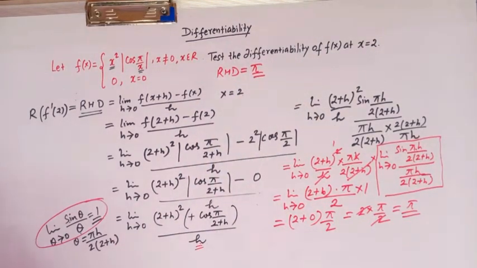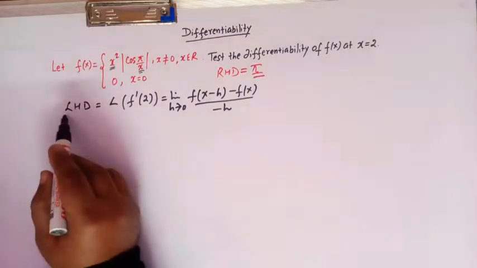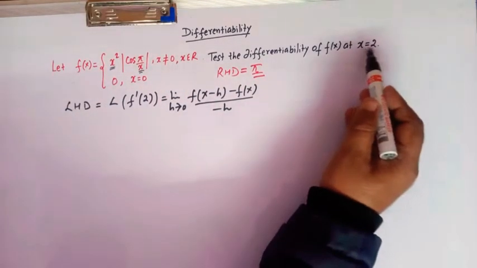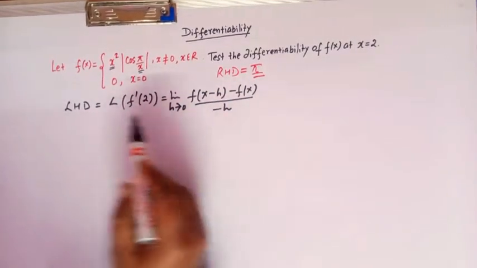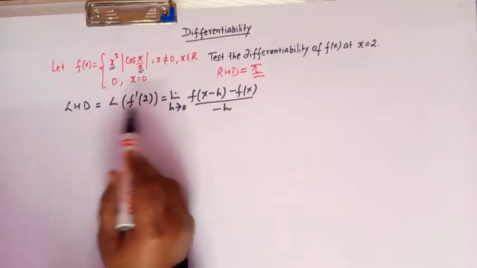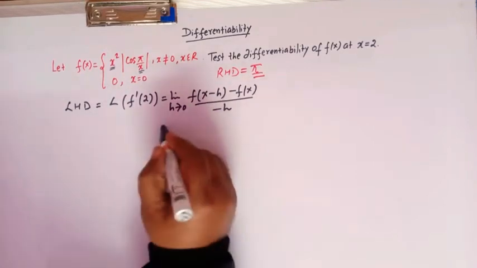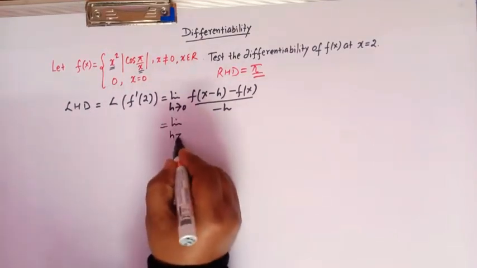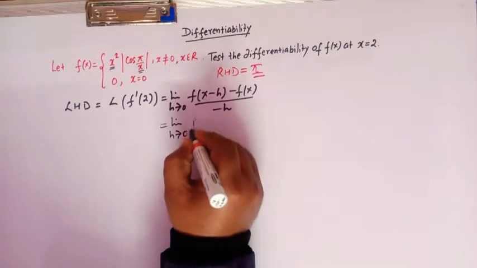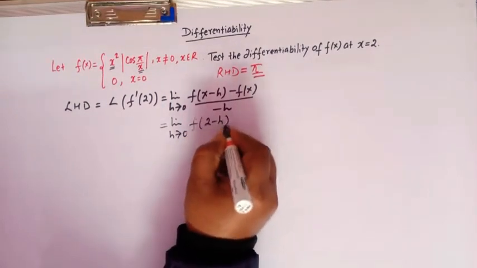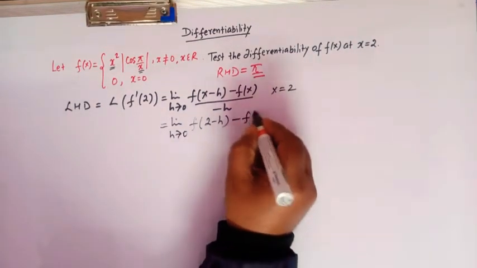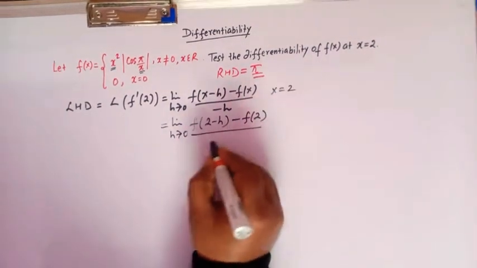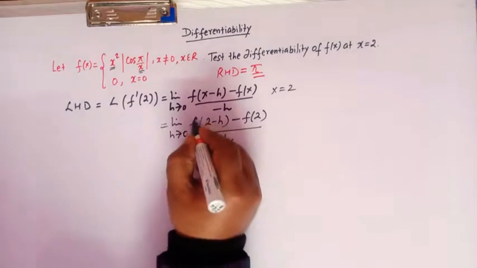Now let us find out the left hand derivative. So now the left hand derivative at this point x equal to 2 is given by this limit, and we can also use this notation here, and now we can write it as limit h tends to 0 of f of (2 minus h), because x is equal to 2 here, and we have f of 2, divided by minus h, right?